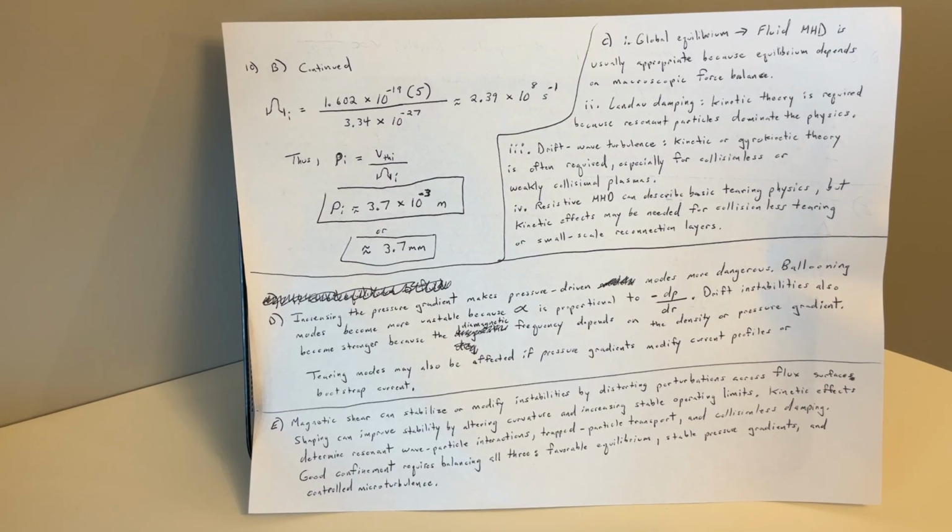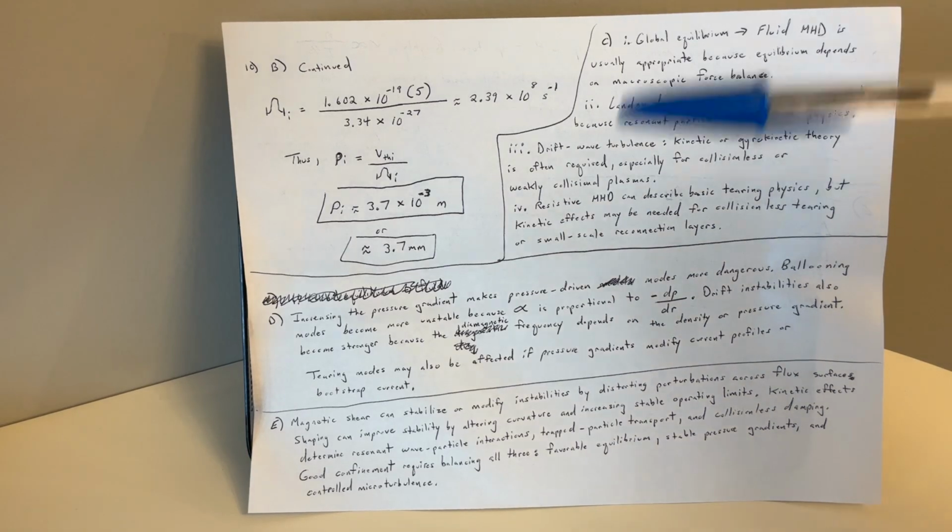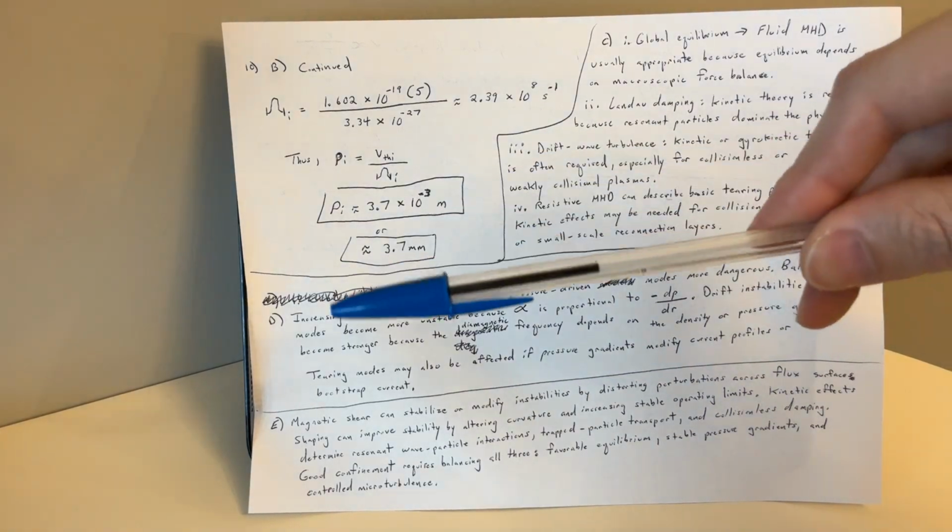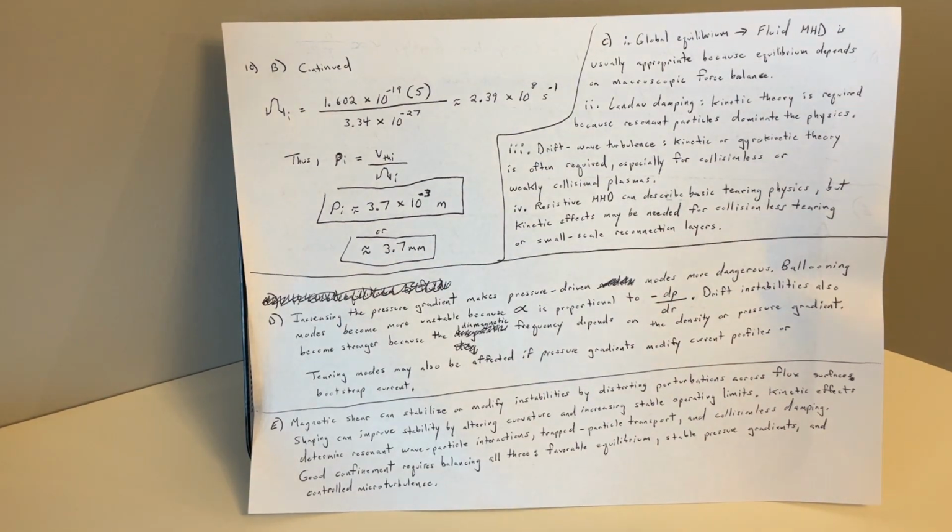Referring to the prompt, for letter D, suppose the pressure gradient is increased significantly. Discuss which instabilities are likely to become more dangerous and why. Increasing the pressure gradient makes pressure-driven modes more dangerous.